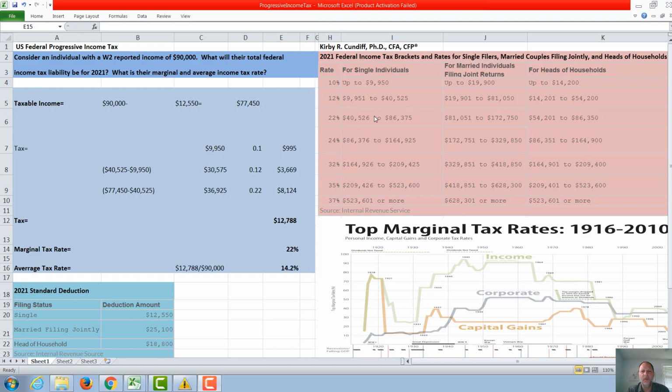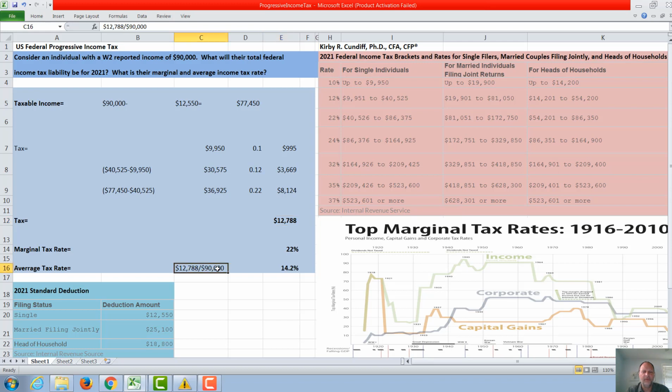Above that, they have the $77,450 in taxable income, minus the base of this bracket of $40,525, gives them $36,925 in the 22% bracket. So in that bracket, they pay $8,124. So their total federal income tax is the sum of these three. We add up the 995, 3669, and 8124, and we get a total federal income tax of $12,788.